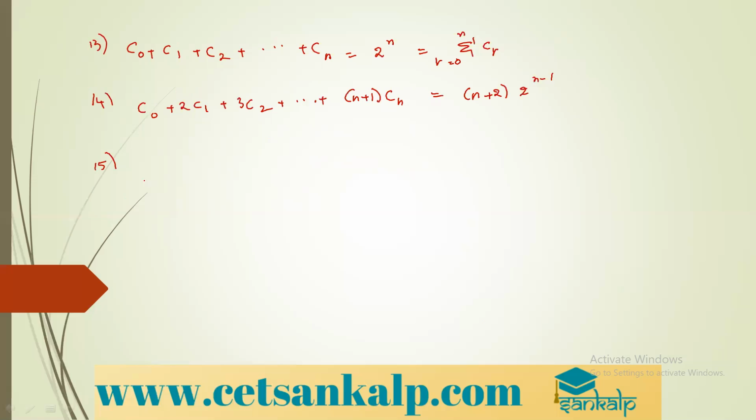When time comes, we will use all these formulas. The 15th one: C1 + 2C2 + 3C3, and so on up to n into Cn. That will be n into 2 power (n - 1), and in short you can write sigma r into Cr, r from 1 to n.